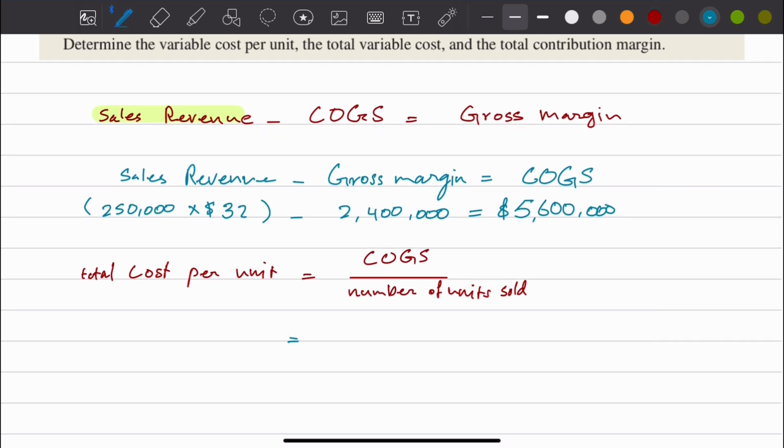That means this is going to equal 5,600,000 divided by 250,000 units.